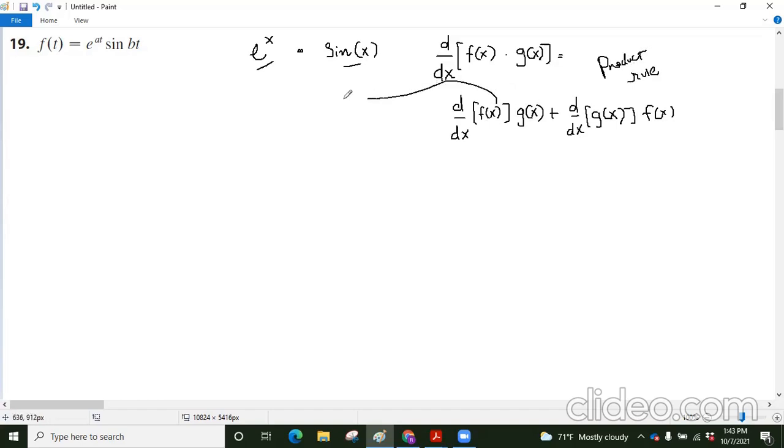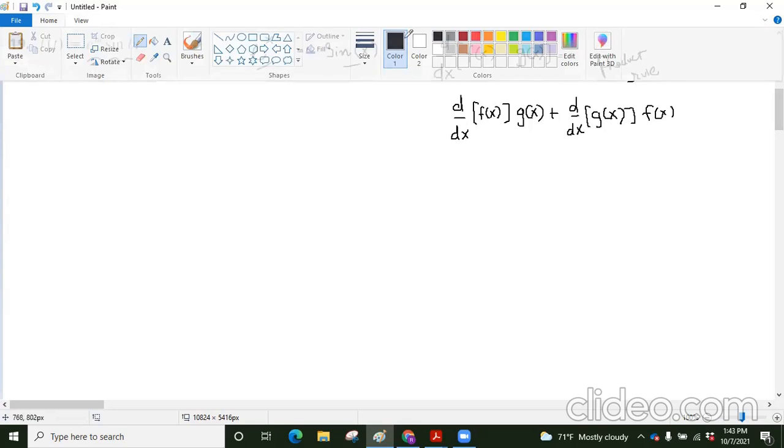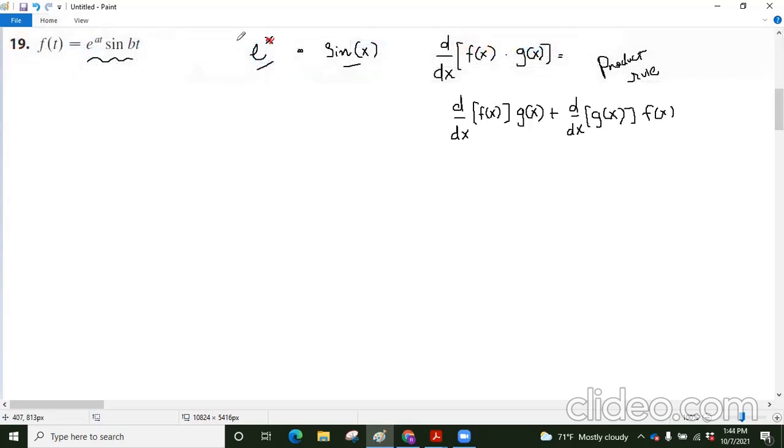So in this case, my f of x is e to the x and my g of x is sine of x, correct? Now, in this case, we just have it slightly more complicated, right? I mean, x is not x in this case. E to the x is not e to the x, it's e to the at, correct? And it's not sine of x, it's sine of bt, right? So instead of having an x as an exponent, you have at.